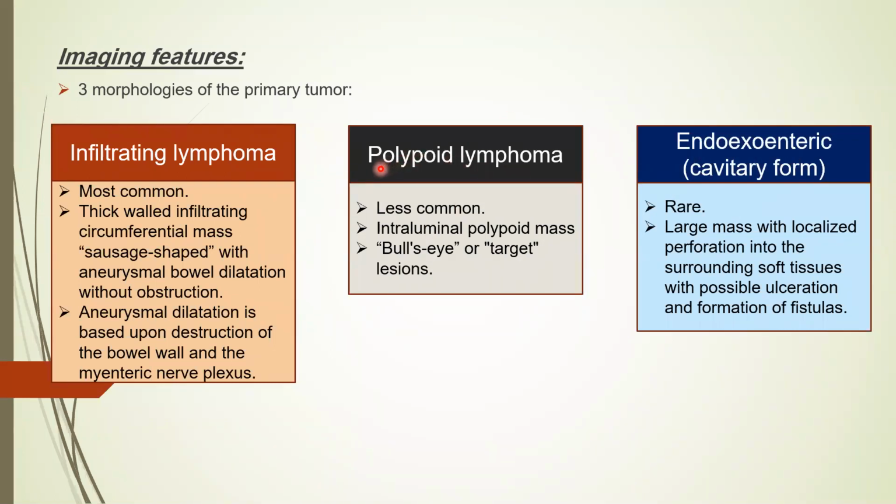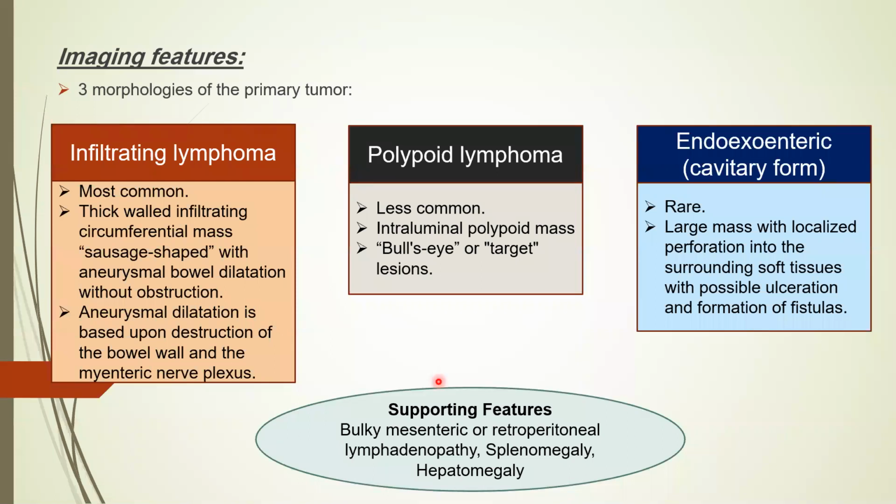They are the polypoidal lymphoma, an intraluminal mass with bullseye or target lesion, and endo-exoenteric. This form is rare. It presents with a large cavitary mass, transmural, extending through the wall of the bowel, which will result in perforation and fistula formation.